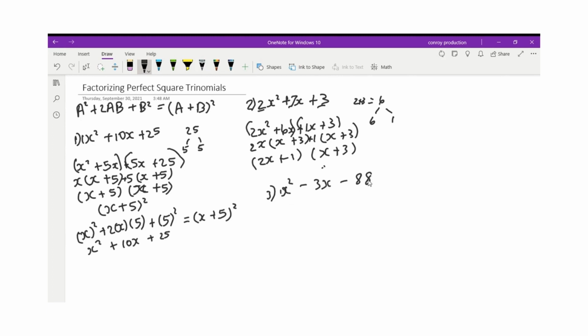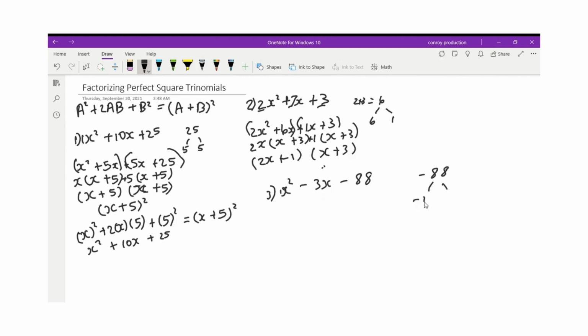We're going to multiply the a times the c term, which gives us negative 88. We need two factors of 88 that when we add, we get minus 3, and when we multiply, we get back negative 88. You can pause the video and try finding the two factors.